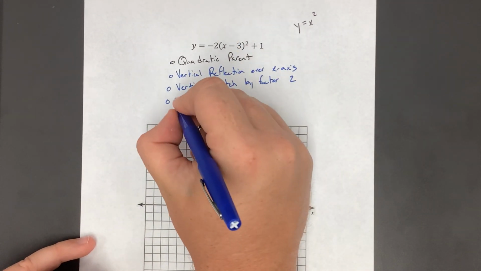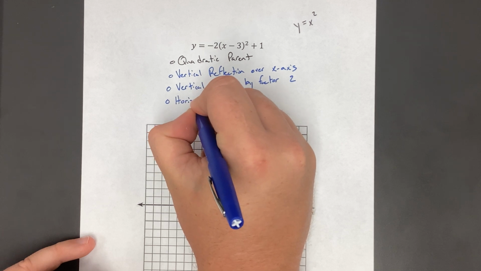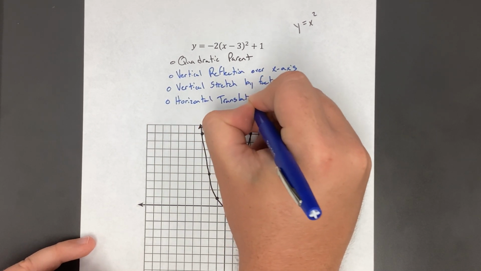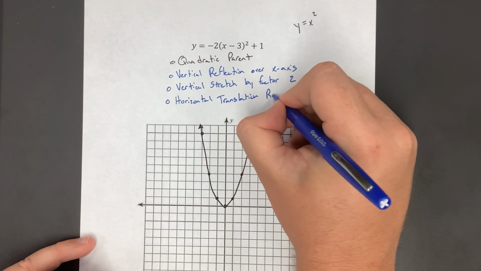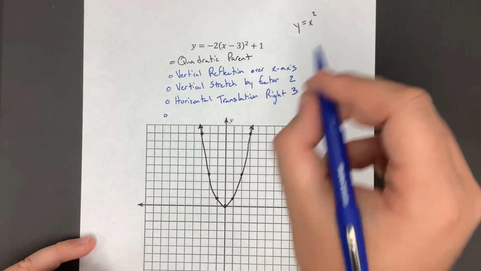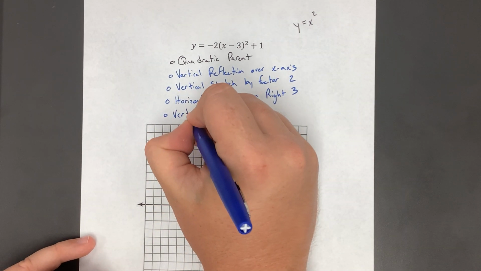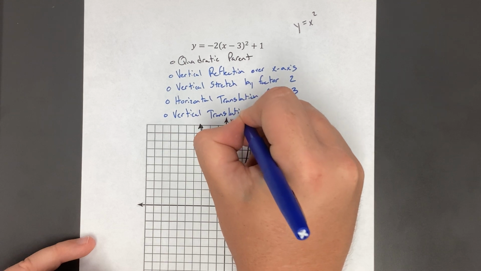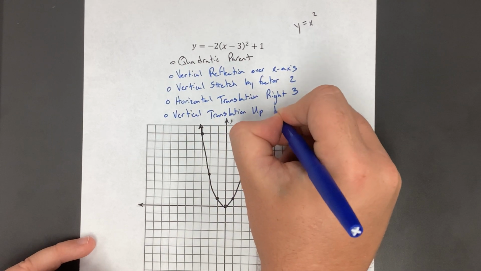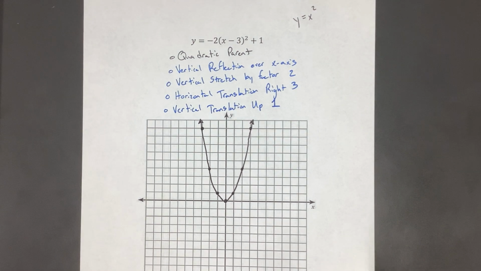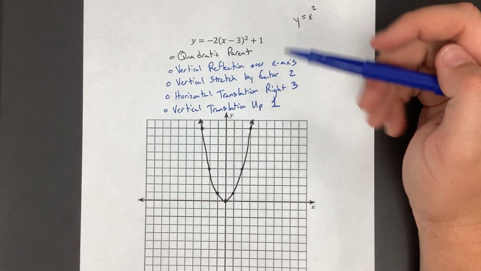Then we have a minus 3, so that's going to be a horizontal translation, right 3. And then the plus 1 tells us a vertical translation up 1. Okay, so those are all of our transformations based off that parent function.